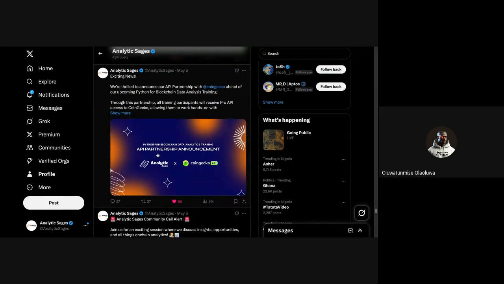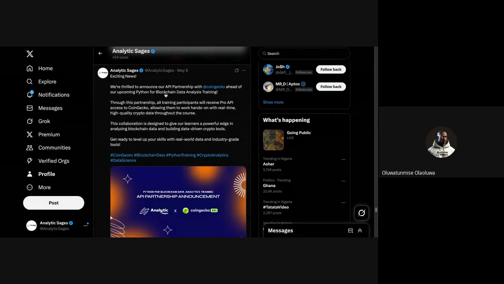We are thrilled to announce our API partnership with CoinGecko ahead of our upcoming Python for Blockchain Data Analytics training. Through our partnership, all our training participants will receive Pro API access, not just any access, to CoinGecko, allowing them to work hands-on with real-time, high-quality crypto data throughout the course.